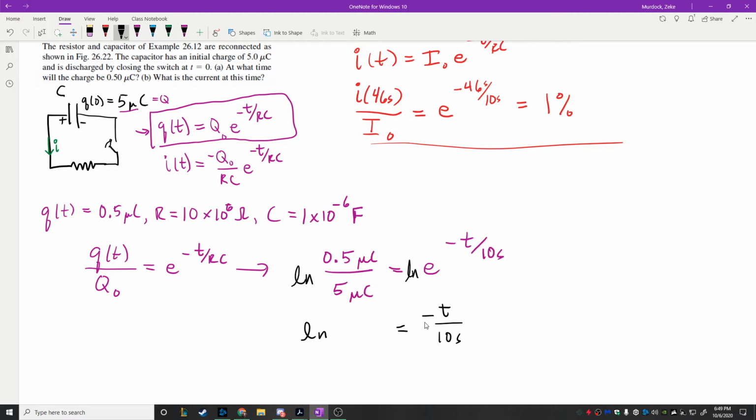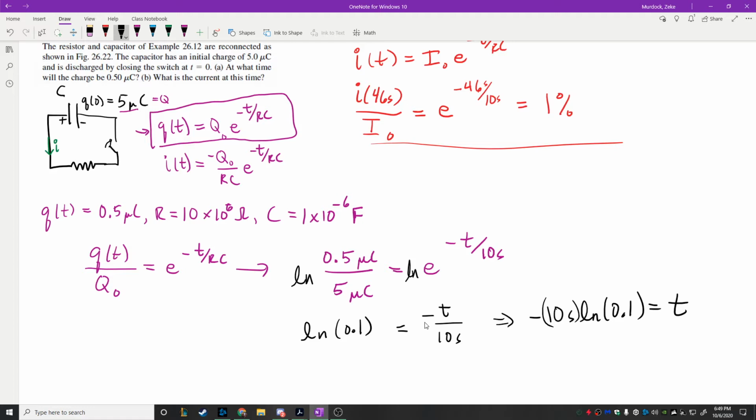That's 5 over 50, which is a tenth, so it's 0.1. We multiply by the 10 seconds, and we end up getting that negative 10 seconds times the natural log of 0.1 should be equal to the time.